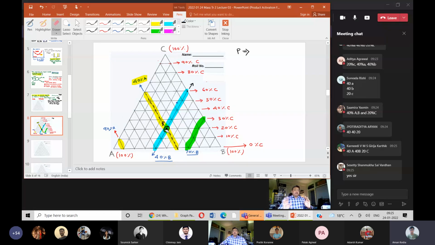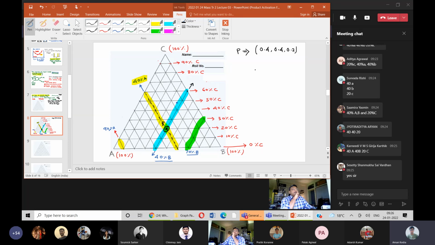So almost in the fashion of just playing, we have now identified a point which has a composition of 0.4, 0.4, and 0.2, or you can write 40, 40, 20. Don't grab me because I have written 100%.